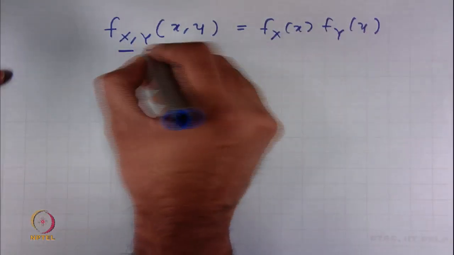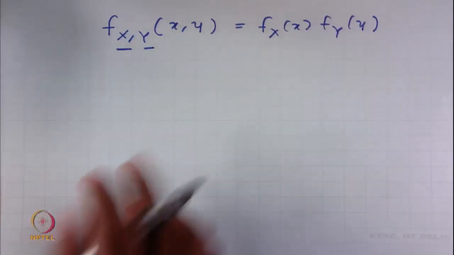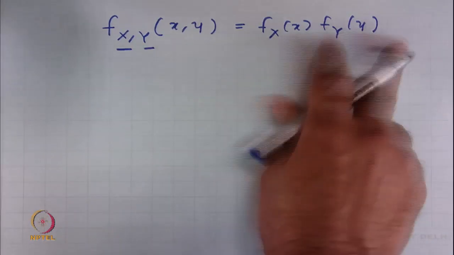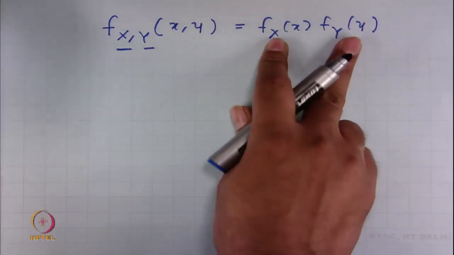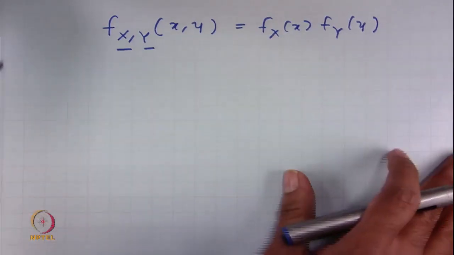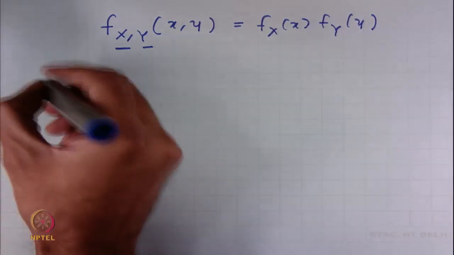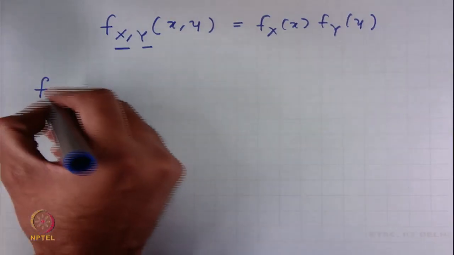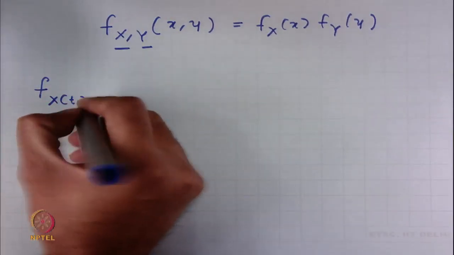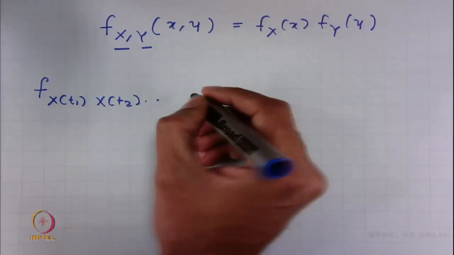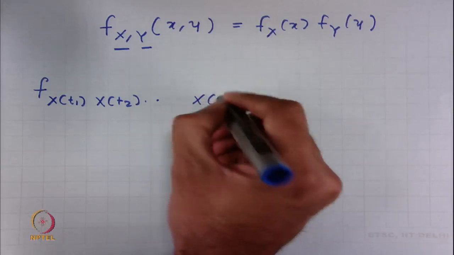So, if x and y are statistically independent, the joint PDF can be written as a product of the marginal PDFs of these random variables. Similarly, if I am thinking about an IID random process, I already have written down the joint PDF for such a random process.